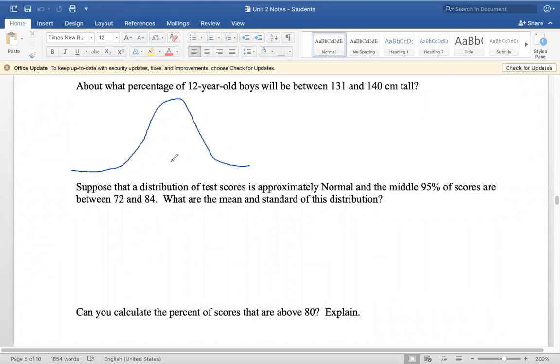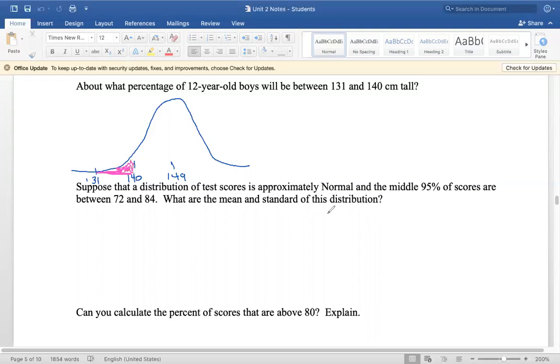We had 149 in the middle. 140 is one deviation below, and then one more deviation below that is 131. Graphically, what we're trying to find is this little area right in here.